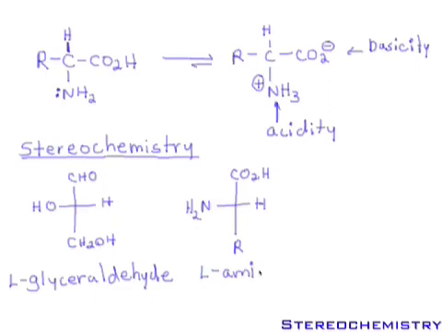And because of this relationship with glyceraldehyde, it's adopting a stereochemical structure similar to glyceraldehyde, and this is the way we apply the L. The mirror image of this, of course, is the D-amino acid. Always remember that in a Fischer projection, the horizontal line is coming out at you. The vertical line is going away from you.